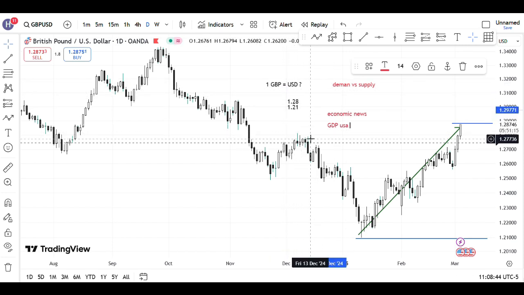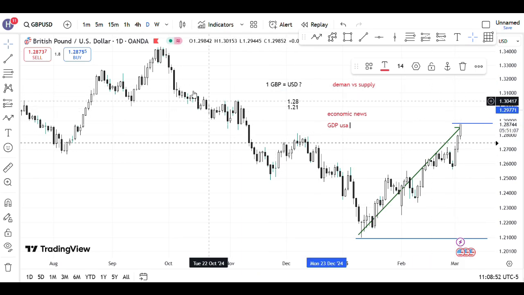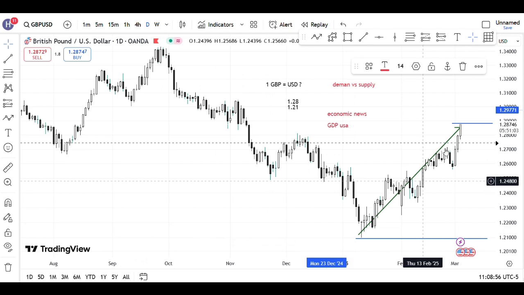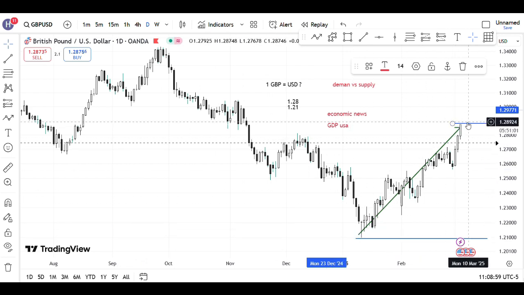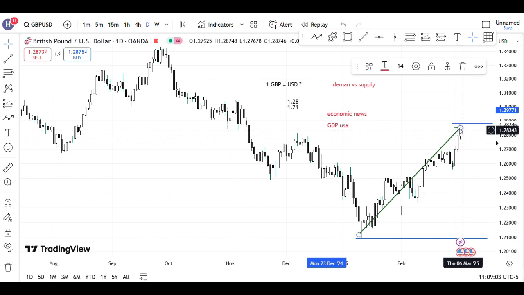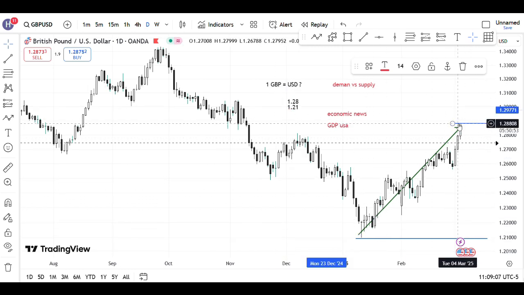If the demand is high, then the 1 GBP buying rate goes down, and the price goes down. Now because of an economic crisis in the USA, 1 GBP can buy more USD. That's why this is going up.